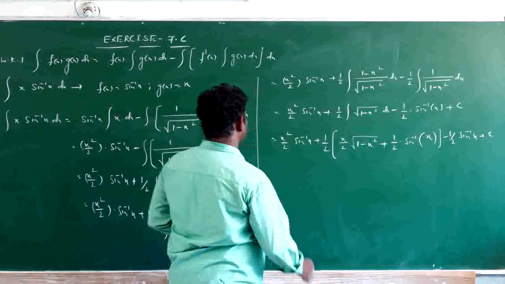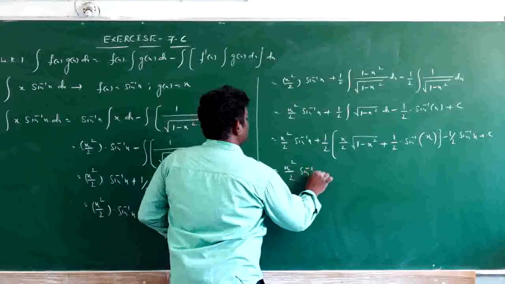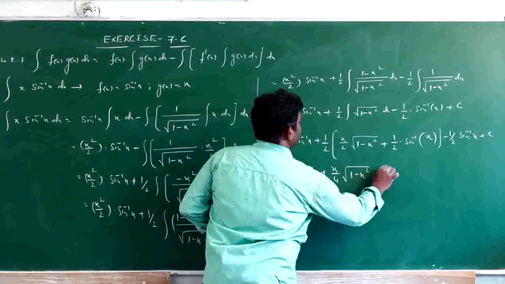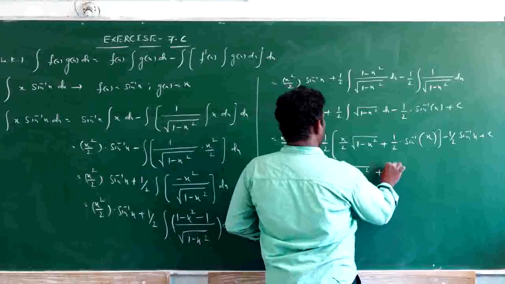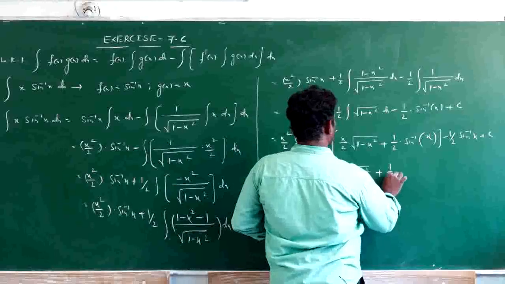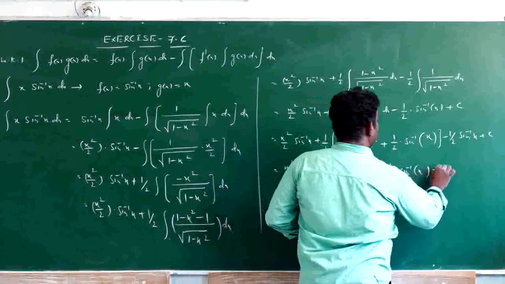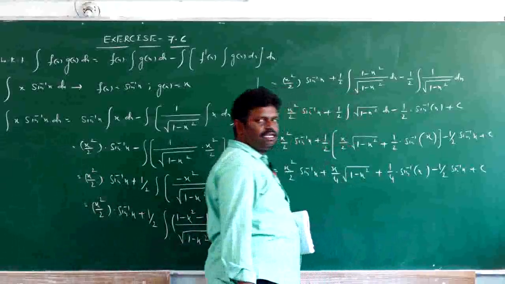Now simplifying, that is equal to x square by 2 sine inverse x plus x by 4 square root of 1 minus x square plus 1 by 4 sine inverse of x minus 1 by 2 sine inverse of x plus c.